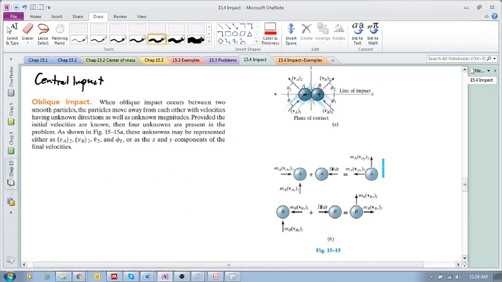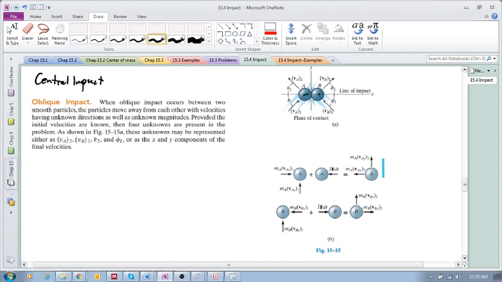So the line of impact is perpendicular to the plane of contact, and the line of impact passes through the centers of mass. Now, if particle A's center of mass is moving along the line of impact towards particle B, and particle B's center of mass is moving along the line of impact, then that is central impact.